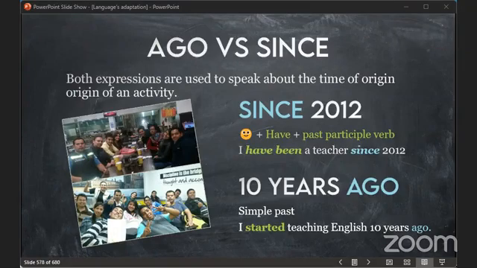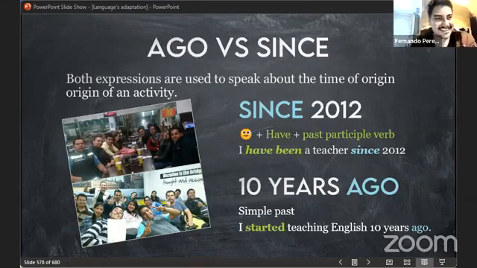This is exactly the difference. Both are for the past, but ago is with the simple past and since is with have. This is the massive difference between the two.